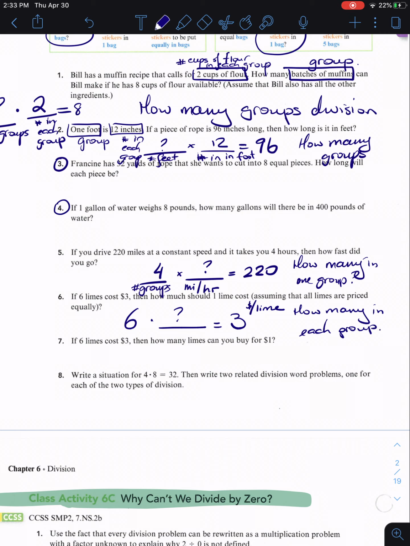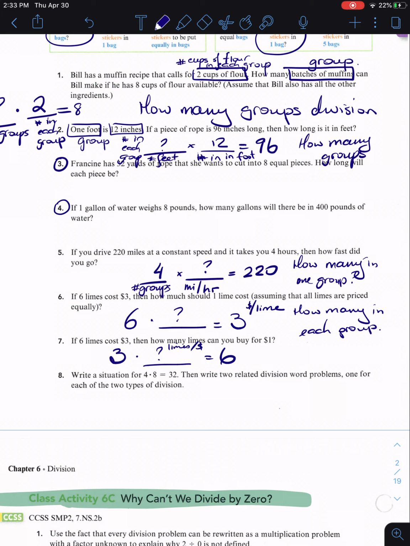How about number 7? If 6 limes cost $3, still the same question: how many limes can you buy for $1? If I have $3 and I need limes per dollar, I don't know that.